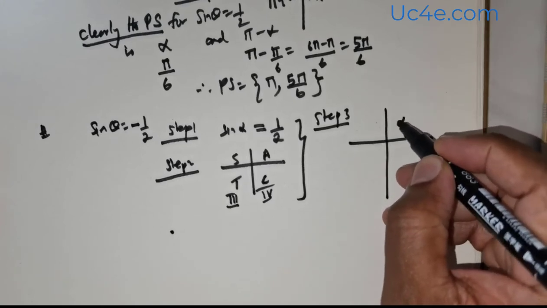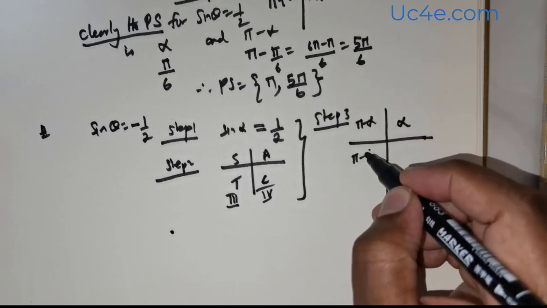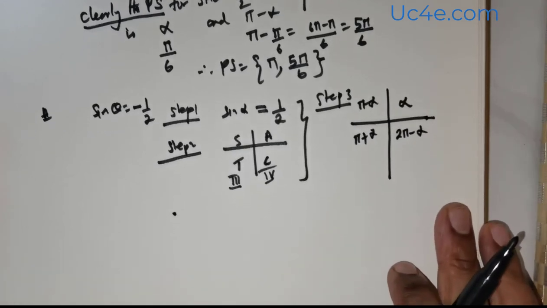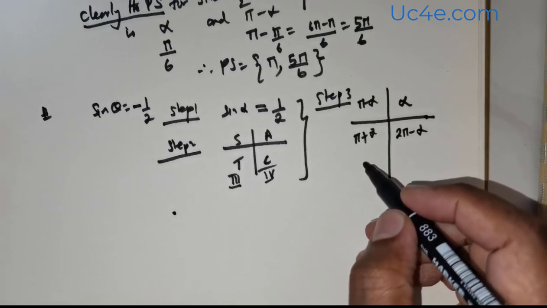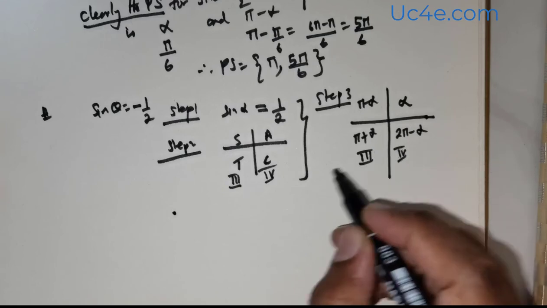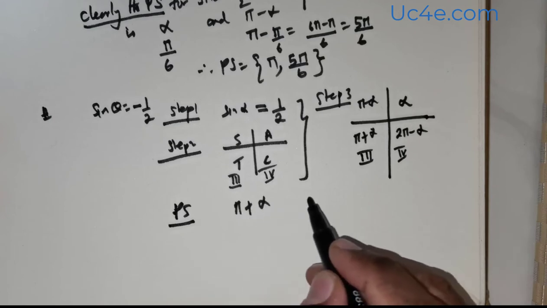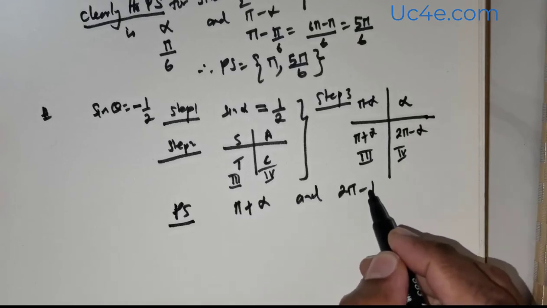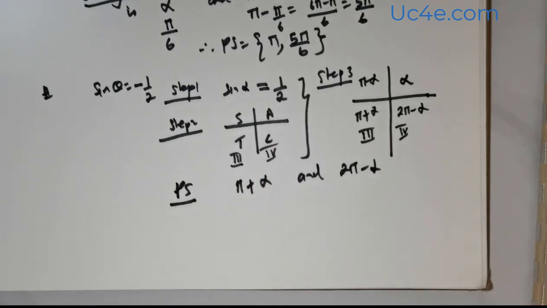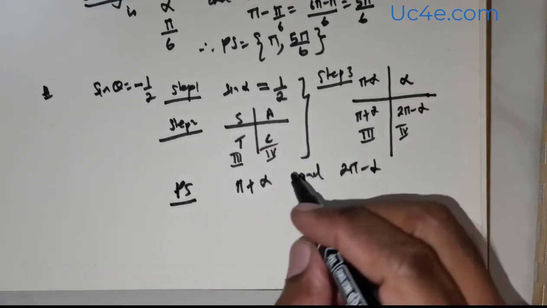Step number 3 would be to write that popular quadrant for theta. Now theta takes alpha here, over here it takes pi minus alpha, over here it takes pi plus alpha, over here 2 pi minus alpha. So since the value of sine is negative in the third quadrant and in the fourth quadrant, the principal solution is pi plus alpha and 2 pi minus alpha. But what is alpha? We have taken sine alpha to be equal to 1 over 2, so alpha is going to be 30 degrees.